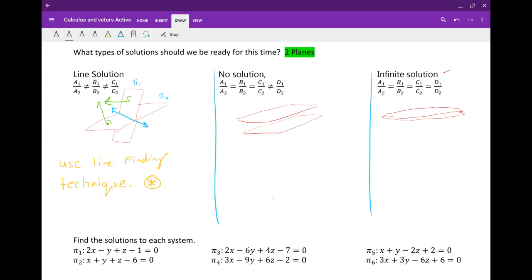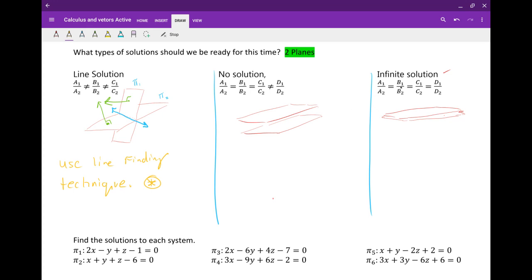If you have no solution at all, then your normals are parallel, okay? And if you have infinite solutions, your normals are parallel. So the ratio of the A's, the B's, and the C's are equal. The difference between these two is that the ratios of your D's don't match up with your normal here, whereas here the ratio of your D values do match up.